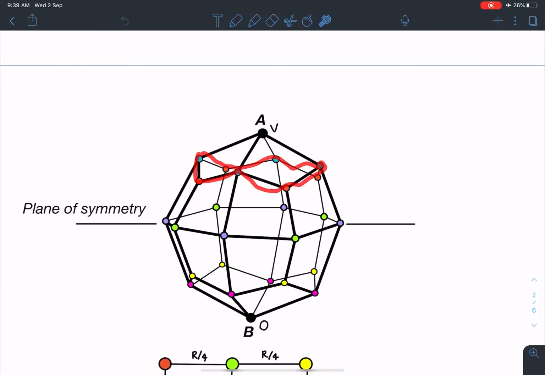I am giving them different colors so that I can use this symmetry. So this point, this point, this point, and this point are going to be at the same potential. Similarly, all these orange color points, this and this, are also going to be at the same potential. However, the potential of this cyan color and this orange color is going to be different.